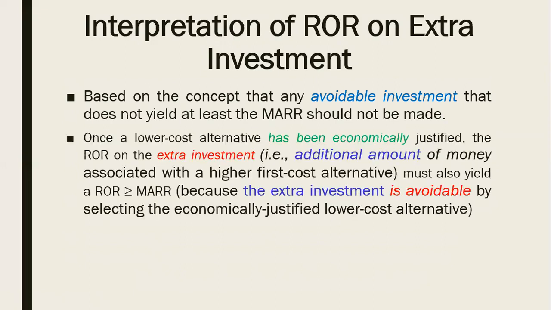Once a lower cost alternative has been economically justified, the rate of return on the extra investment, the additional amount of money associated with a higher first cost alternative, must also yield a rate of return greater than or equal to MARR. Because the extra investment is avoidable by selecting the economically justified lower cost alternative, you can save those funds by investing in the cheaper alternative. This incremental rate of return is identified as delta i star.